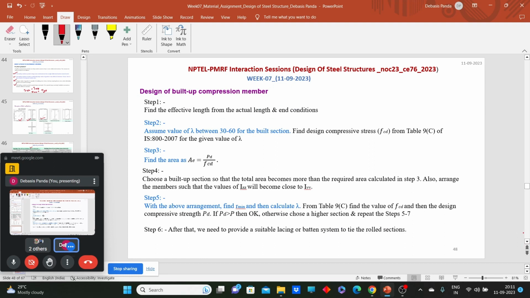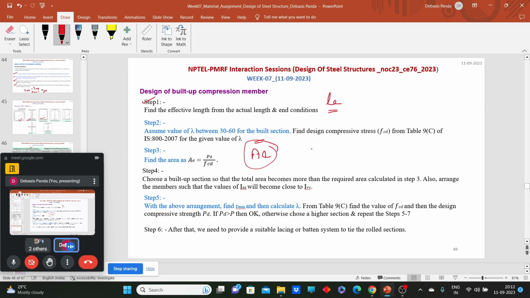Now, how to design them? What should be the first step? The first step should be to find out the effective length from the actual length and end condition. Find it out. Now you need to consider a lambda. Based on that considered lambda, you need to calculate the value of the required area.